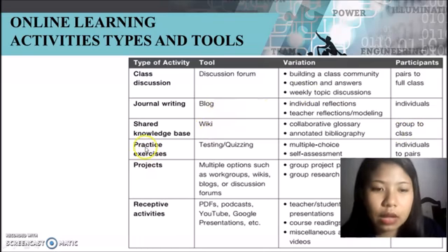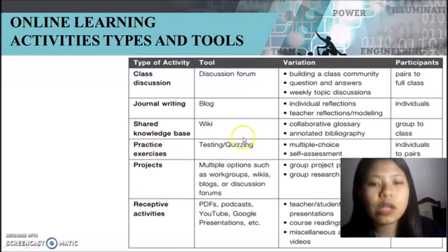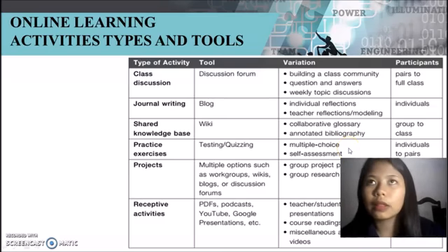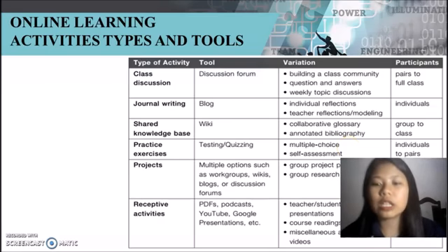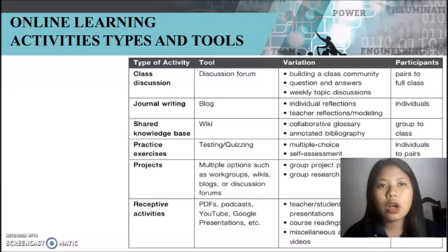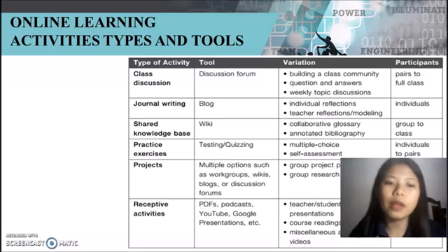wiki. The next type of activity is practice exercises, which is a variation of multiple choice and self-assessment, which can be participated in by individuals to pairs. The tools used here are testing or quizzing. And then projects.